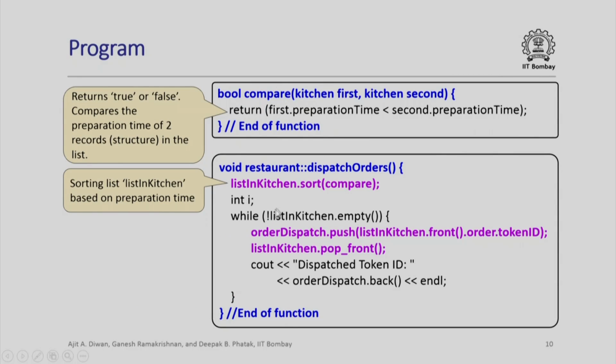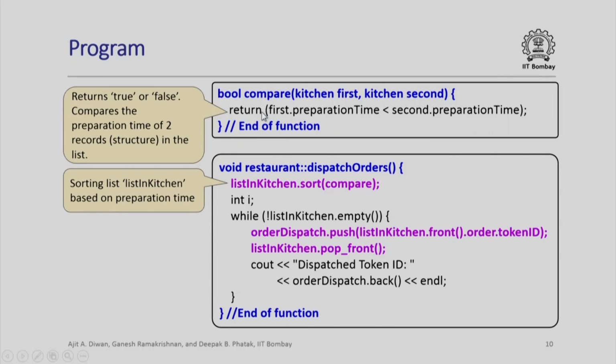Here is an important thing, earlier also we wanted to sort the array on the preparation time or dispatch time. Instead, now we have a list. So, notice this function restaurant dispatch orders, it has list in kitchen dot sort. How will it sort? It will sort using a comparison which is stipulated in another function.